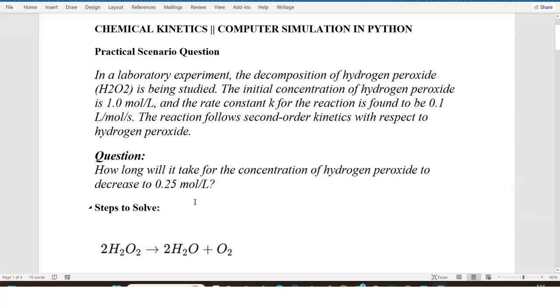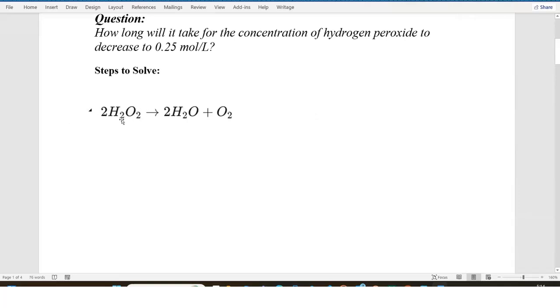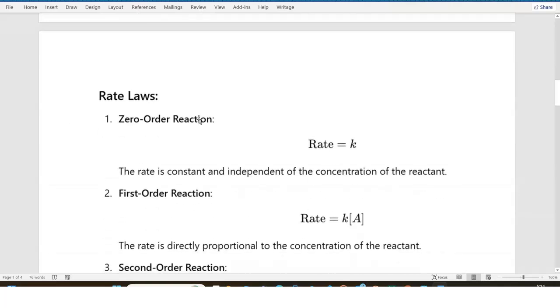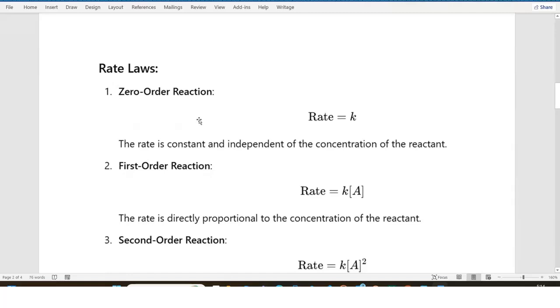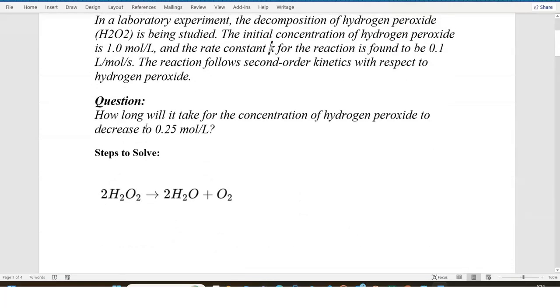So here we are going to be looking at, first of all, the reaction where hydrogen peroxide is decomposing into oxygen and water, and then after that reaction, of course, this is the equation, we come and apply the rate laws. Of course, this is now the process of modeling, or coming up with a model that is going to help us answer this question.